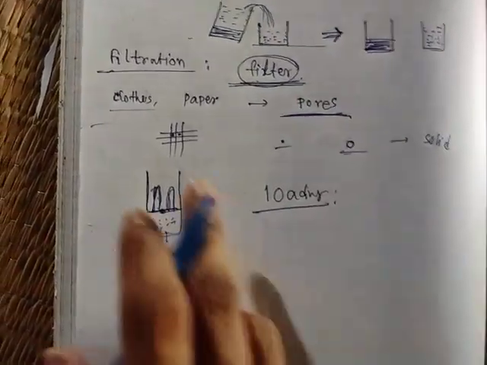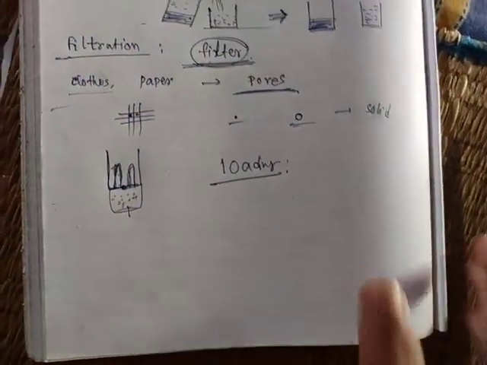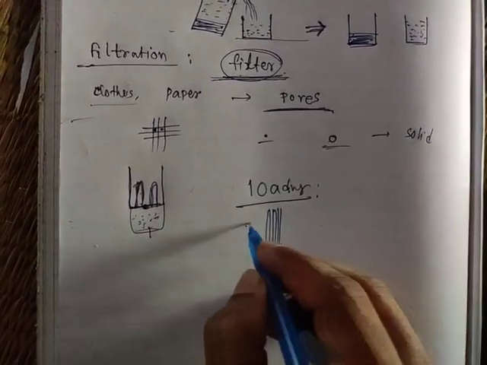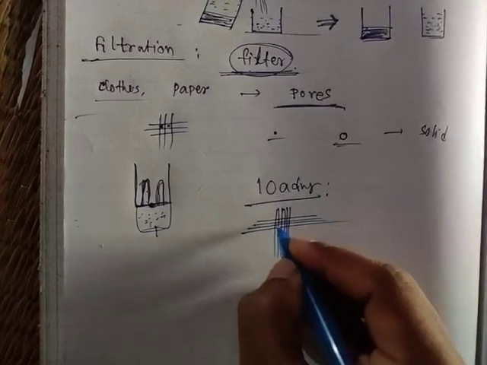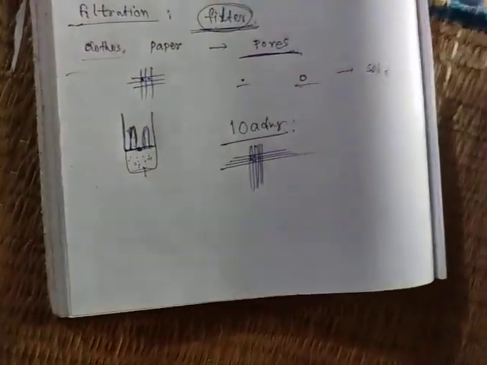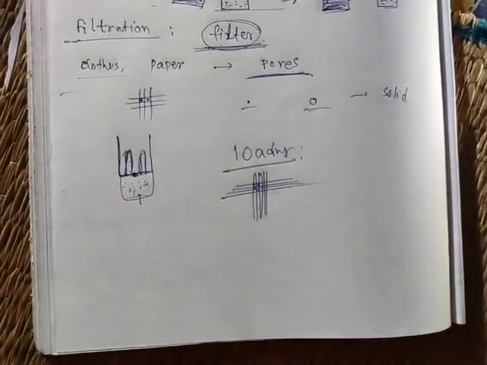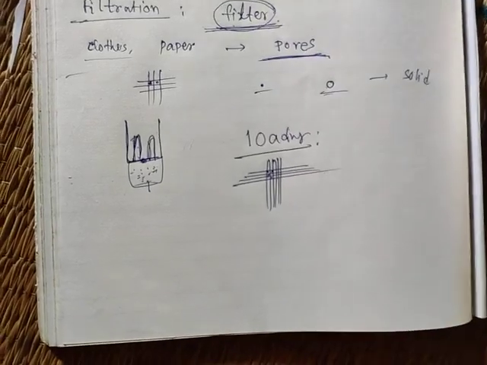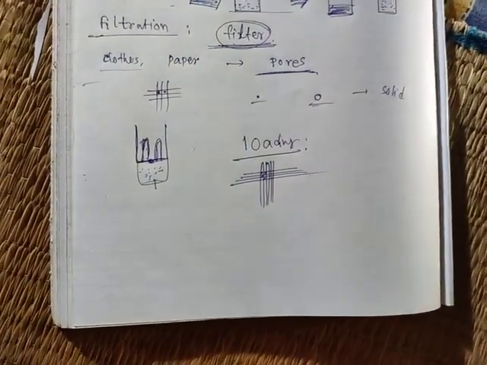For teeny particles we cannot use a filter because teeny particles can block the pores, and it can take a very long time to separate the liquid and solid.